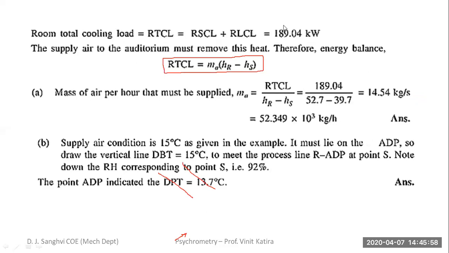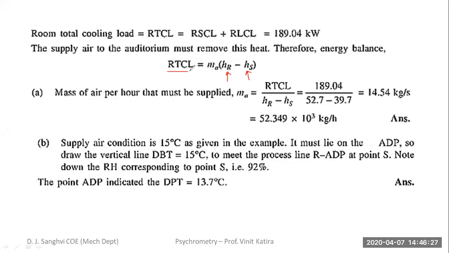So your room total heat, that means the heat inside the room, who will absorb that heat? The cold air that is coming, right? So cold air is coming from the cooling coil at your HS enthalpy, or from point S, and it is absorbing the heat till your room design condition, that is HR.